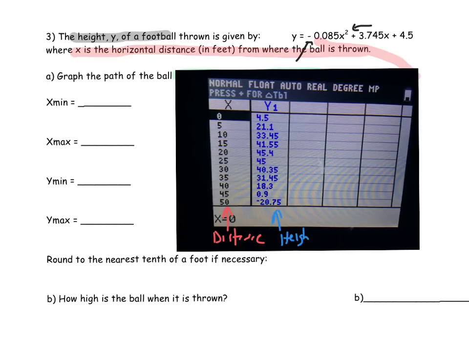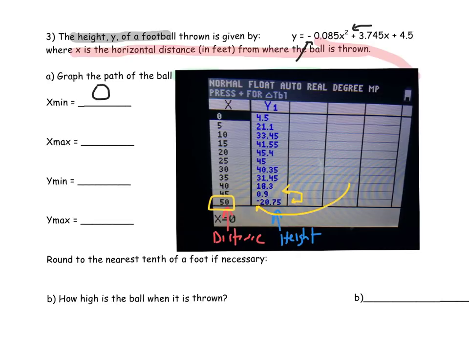I kept playing with my table until I saw this pop up in the height. When the horizontal distance is 50, the height of the football is negative 20. And since the height of a ball can't be negative, I figured the ball had to hit the ground somewhere between these two heights.